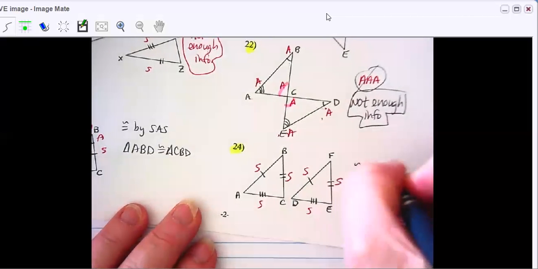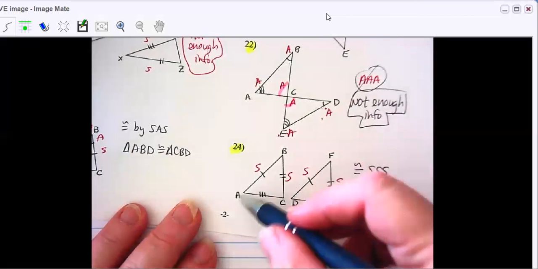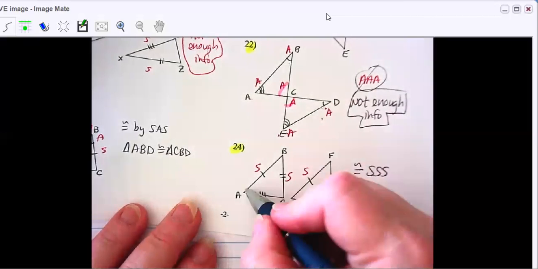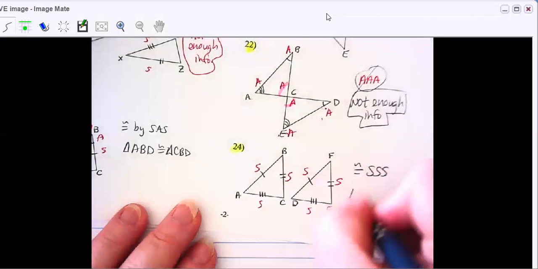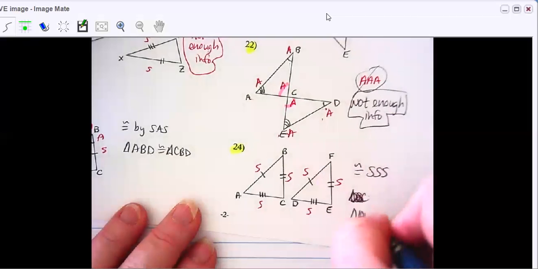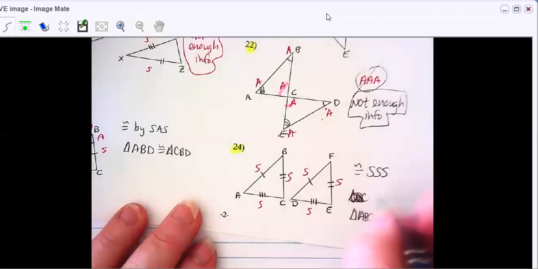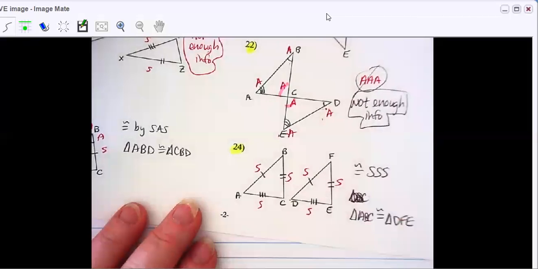Labeling the triangles, we can just go left to right. So I go triangle ABC is congruent to, if I started over here, DFE. Okay. Any questions on that?